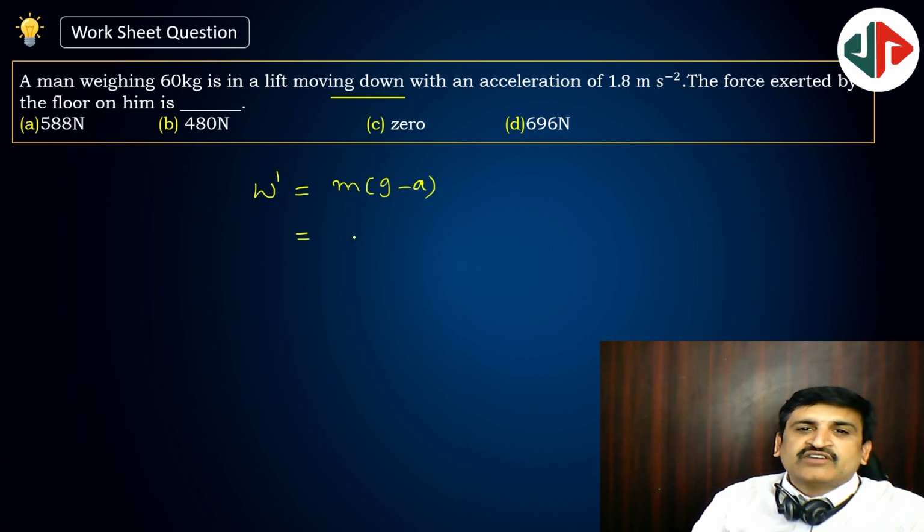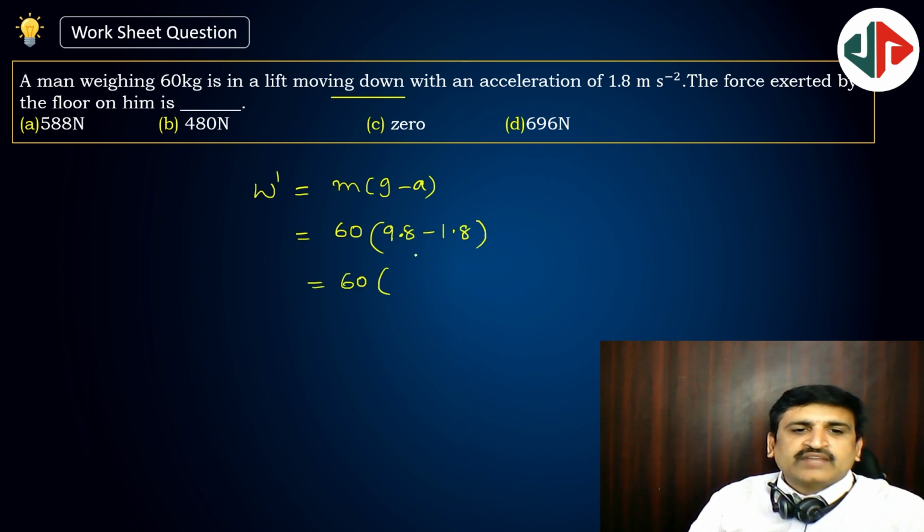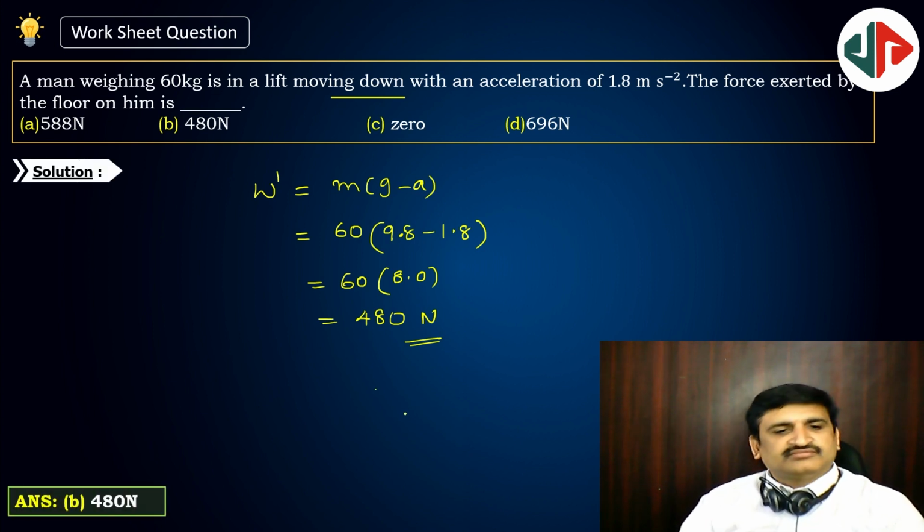Lift moving down, m value 60 and acceleration 1.8, so 60 into (9.8 minus 1.8), that is 60 into 8.0, which is 480. Yes. So next.